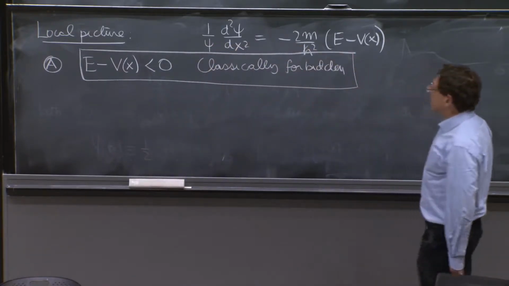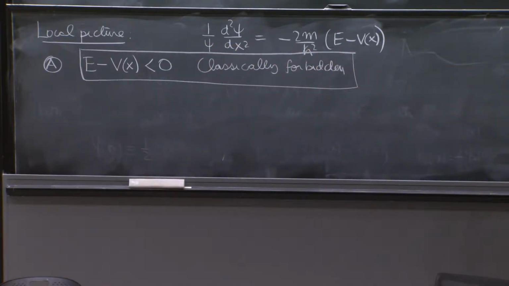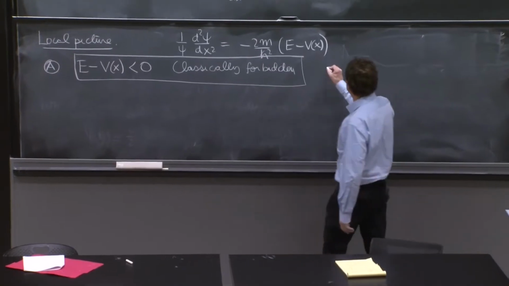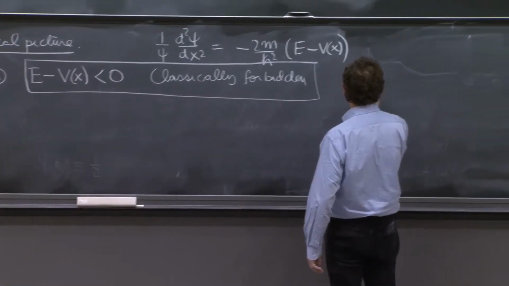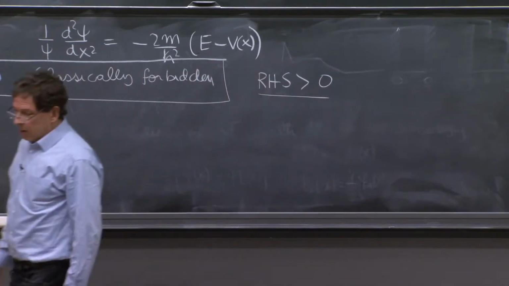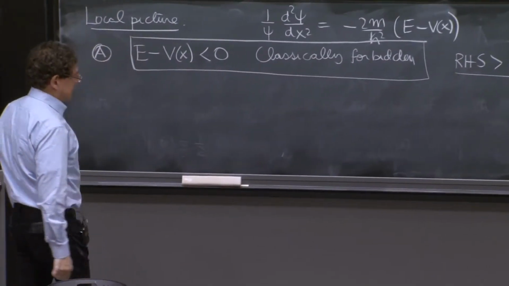What is the main thing about this classically forbidden region is that the right-hand side of this equation is positive. Now, this gives you 2 possibilities.